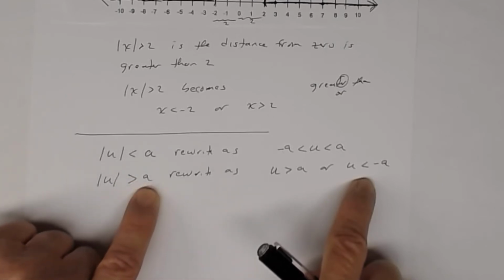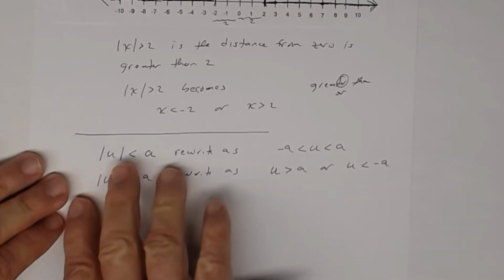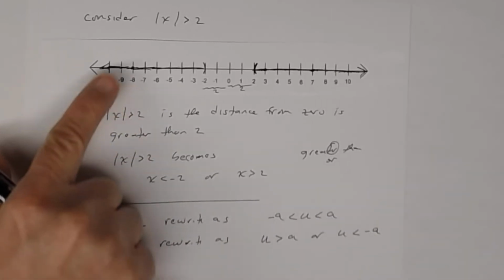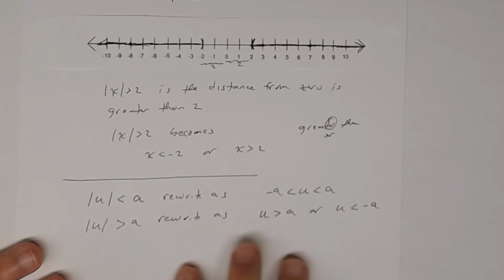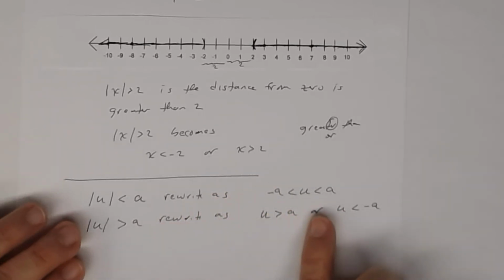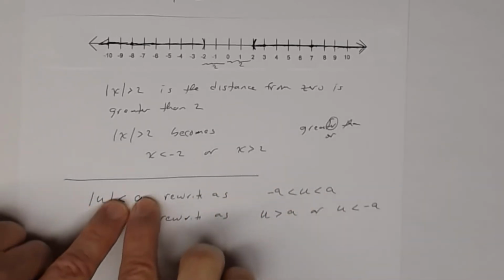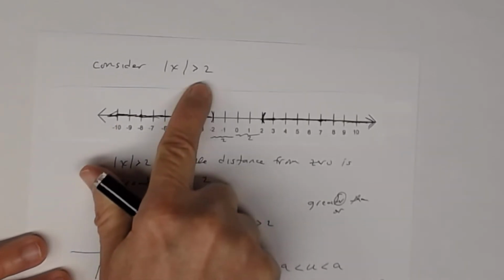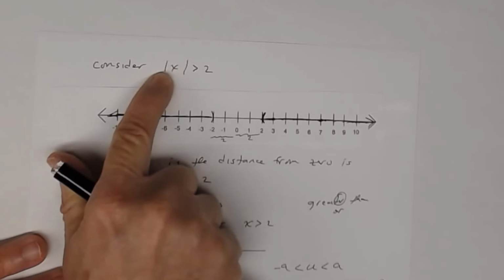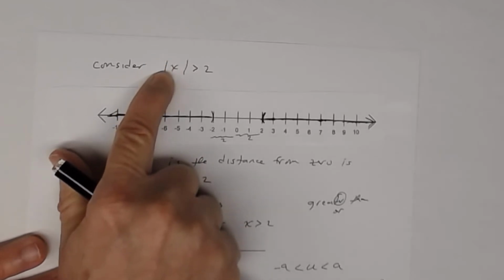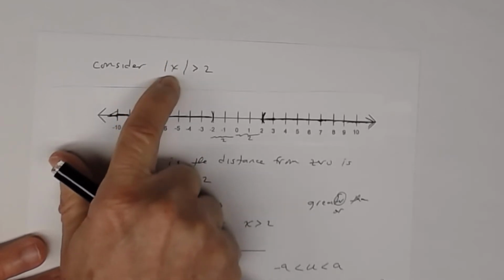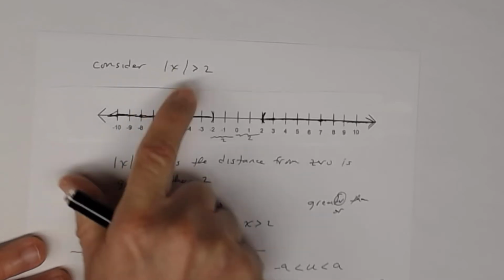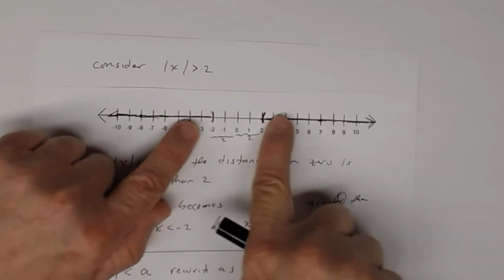Okay? All right, so don't try and memorize this without understanding all of this. So if you get stuck as to how to rewrite each of these, think about these simple examples that we just did right here. So think about this as meaning the distance from 0. So the absolute value, you want that distance to be greater than 2. So that's those two inequalities.